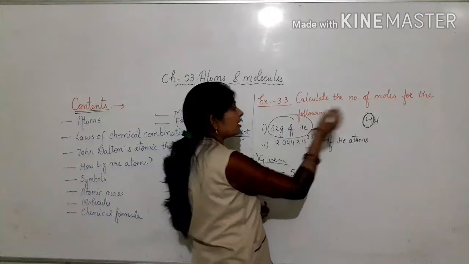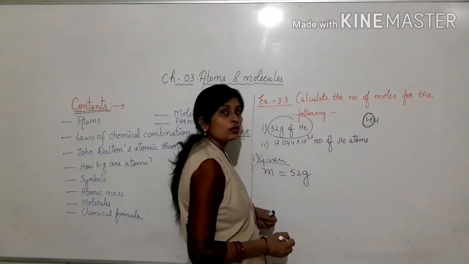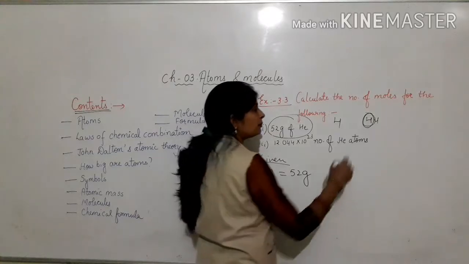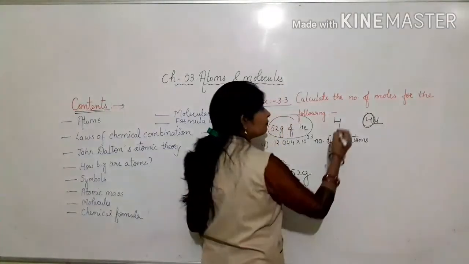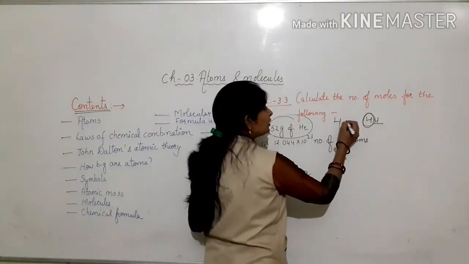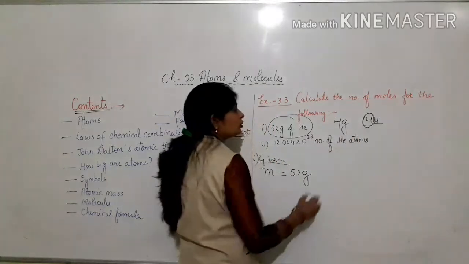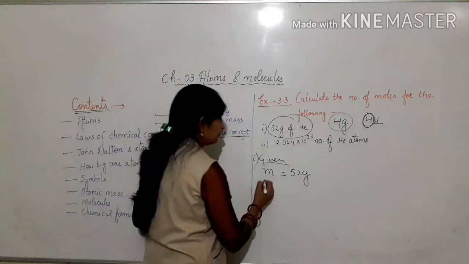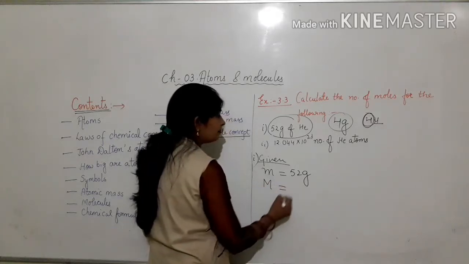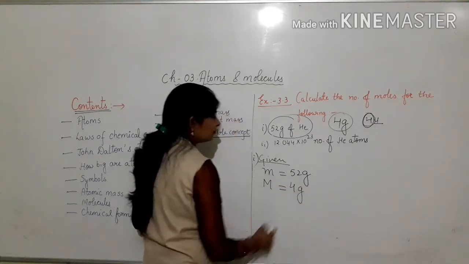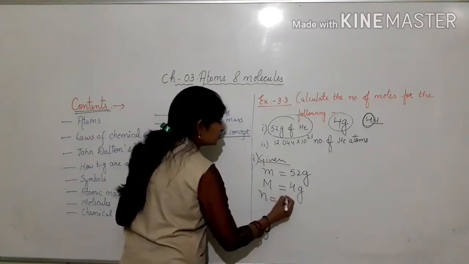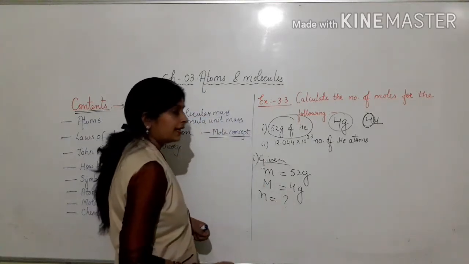Its molar mass will also have the same numerical value 4, but in place of unit u we will use unit gram. So the molar mass of helium atom, denoted with capital M, is 4 gram. And what do we have to calculate? Number of moles, denoted with small n.